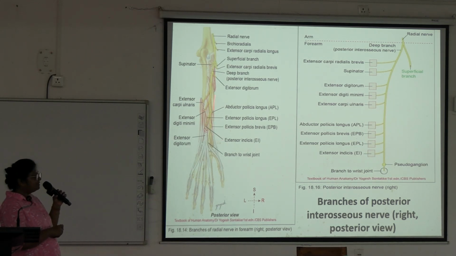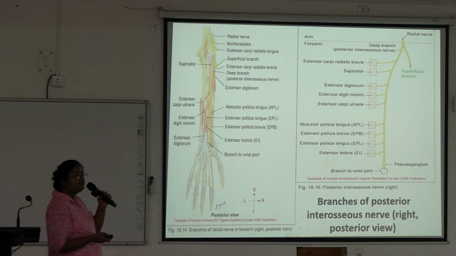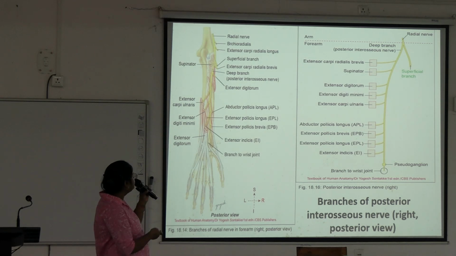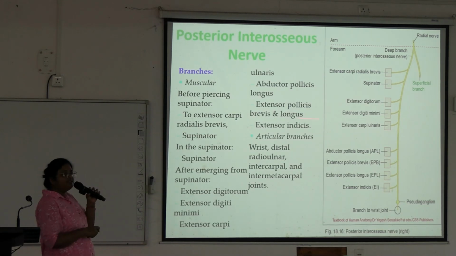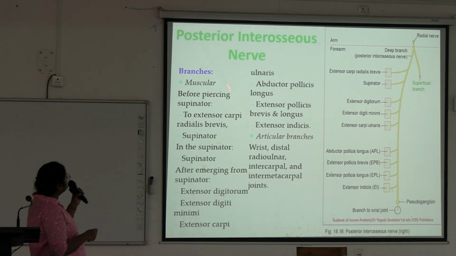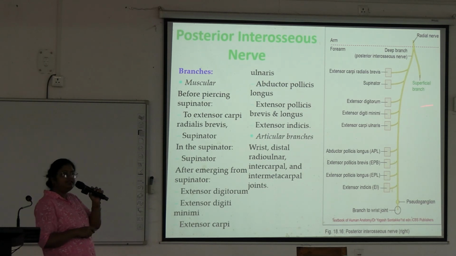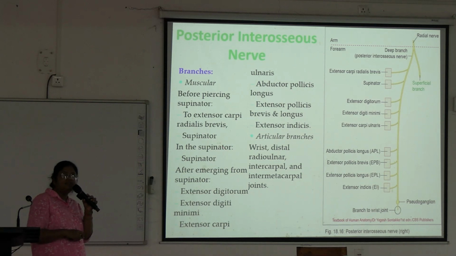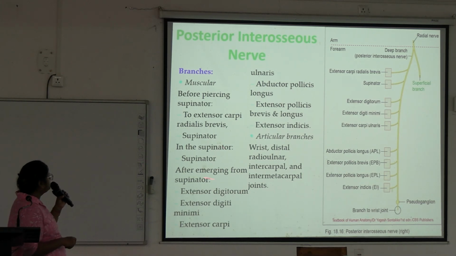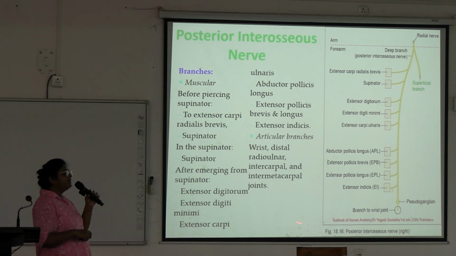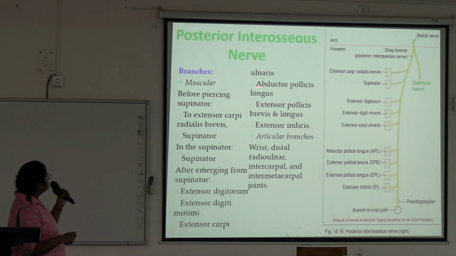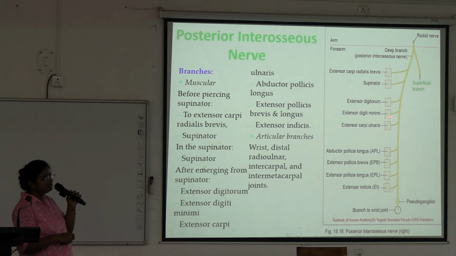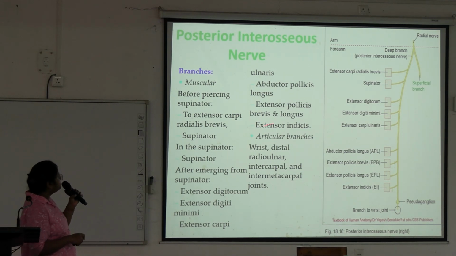So these are the muscles supplied by the posterior interosseous nerve, all the muscles of the posterior compartment of the forearm. Muscular branches: before piercing the supinator, to extensor carpi radialis brevis and supinator; in the supinator, to the supinator muscle; and after emerging from the supinator, extensor digitorum, extensor digiti minimi, extensor carpi ulnaris, abductor pollicis longus, extensor pollicis brevis, extensor pollicis longus, and extensor indicis.